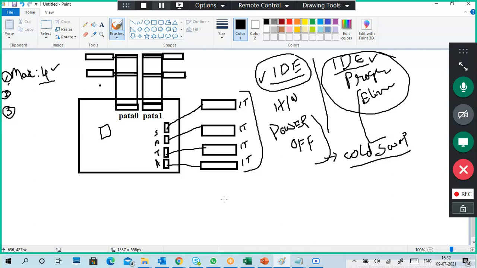So one of your disks is not working. You have 4 disks or 3 disks. One of the disks is not working, or maybe there is a slot available and you want to insert a new disk. What do you have to do?